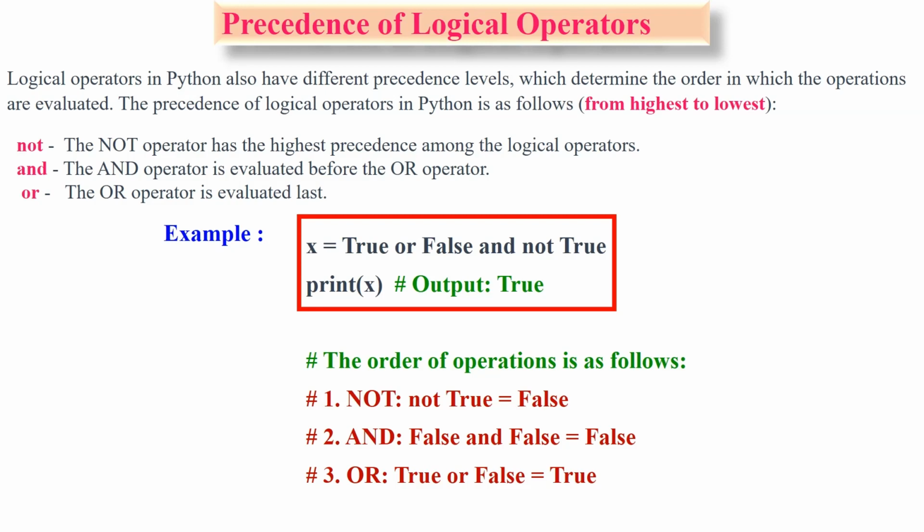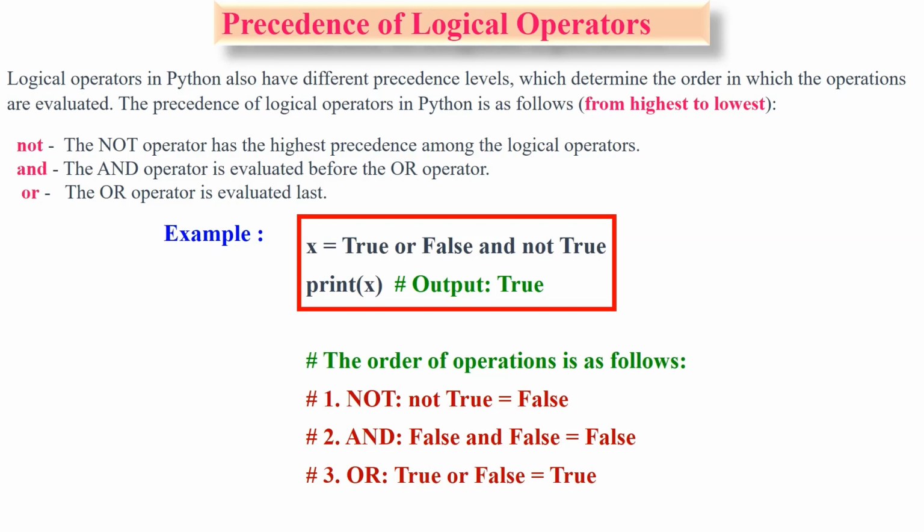Here's an example that demonstrates how the order of operations is determined by operator precedence. x equals true or false and not true, print x. This expression follows the order of operations, precedence, in Python. The NOT operator has the highest precedence, so not true evaluates to false. Next, the AND operator is evaluated.